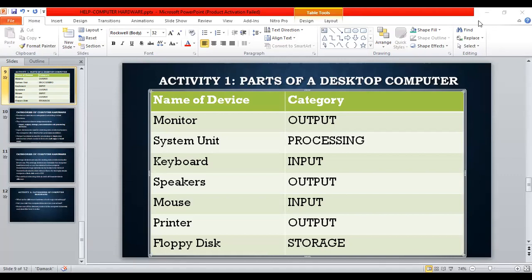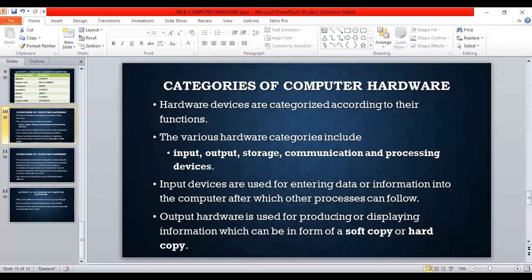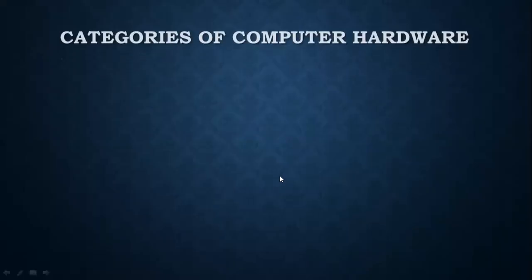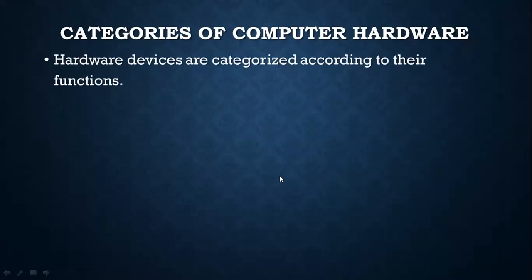Okay, let us proceed and look at something else. So we have looked at these different categories of hardware as we have mentioned them in the table, as a result of looking at the other image that I displayed earlier on.